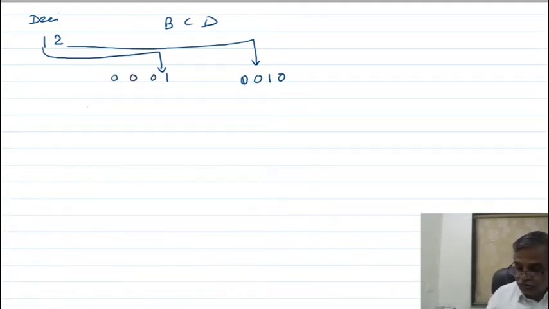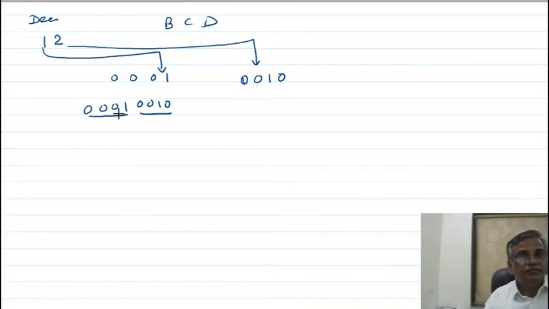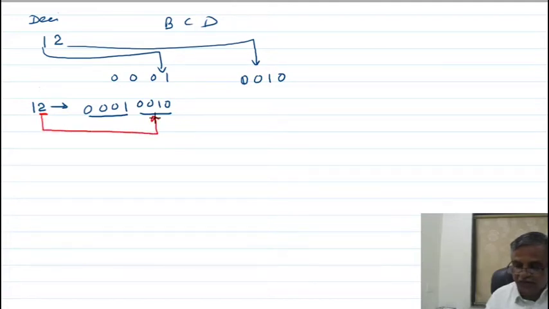So this is the BCD code of the decimal number 12. So each digit, listen to the word, each digit is represented by its 4-bit binary.